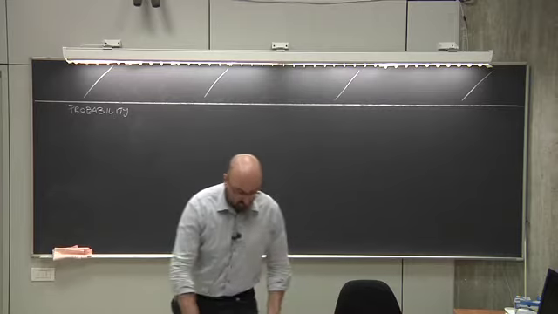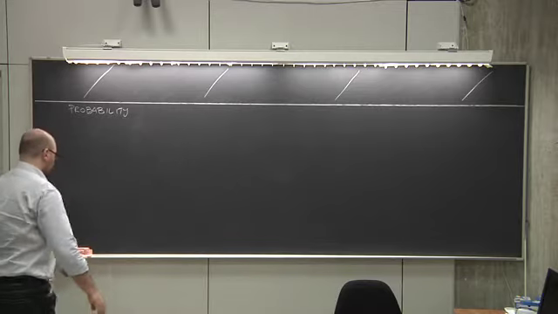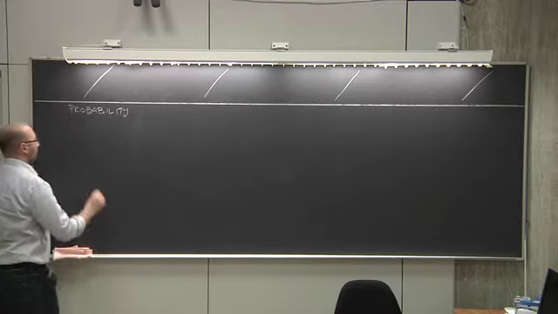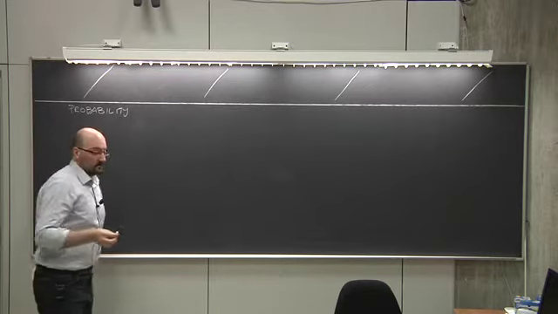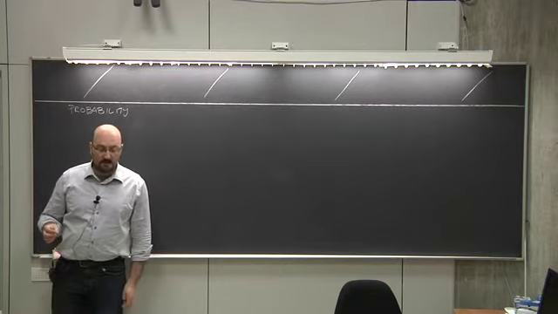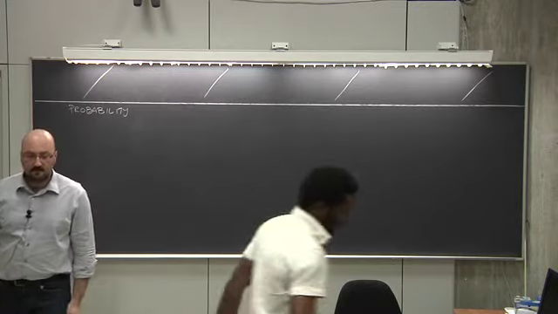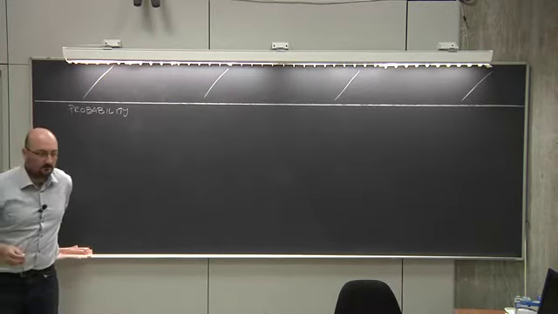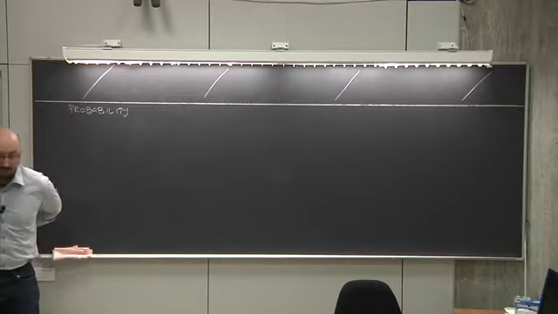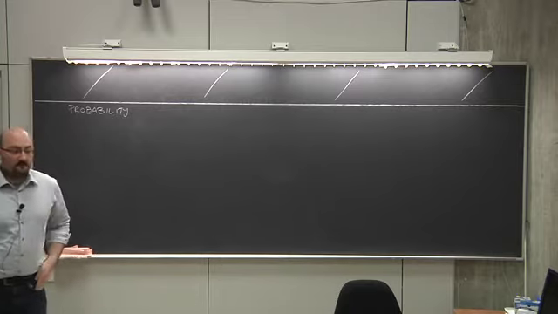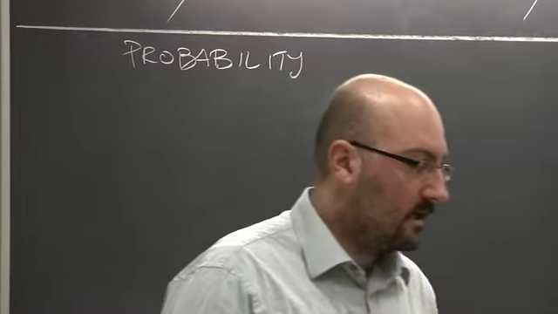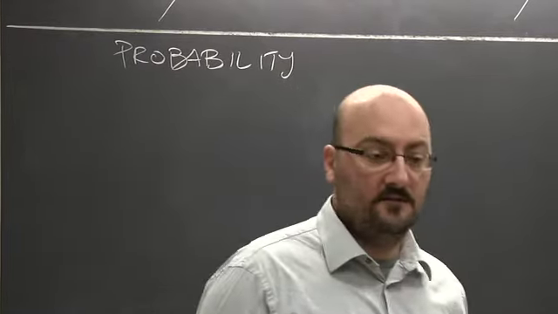So let's talk a little bit more about the binomial distribution. Let me remind you that this is a very important distribution, okay? It's a distribution of when we count the number of occurrences of something.